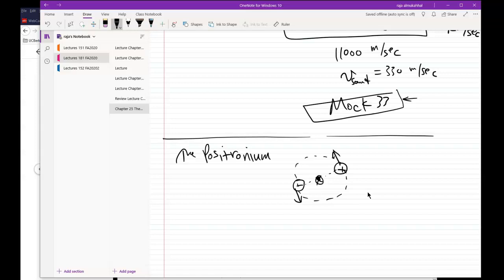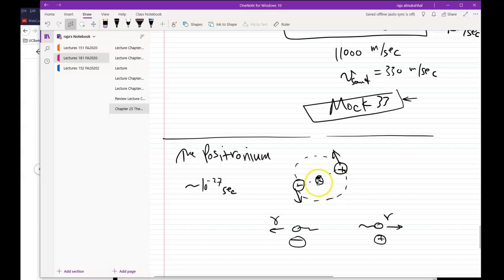And then eventually they will live for something like 10 to the negative 27 seconds. And eventually they will annihilate each other, and they will shoot 2 gamma ray photons in opposite directions. Okay, so this is the negative electron, and this is the positive electron, positron and electron. You got it? So that's basically what we have in that situation.